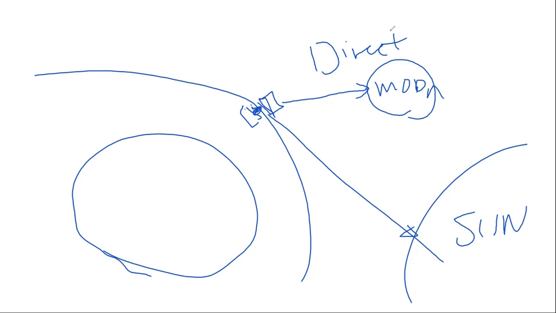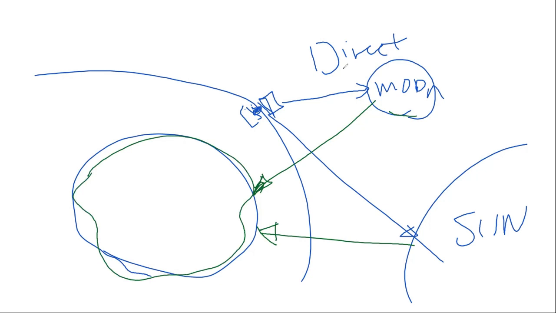And the indirect effect is that this gravity, of the moon and sun, changes the gravitation of the Earth. And when the gravity changes inside the Earth, the satellite movement is affected, because the satellite is very much affected by the gravity of the Earth.